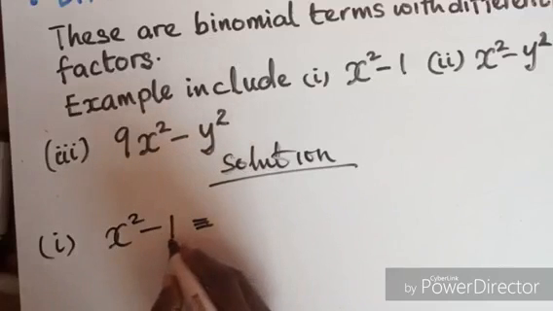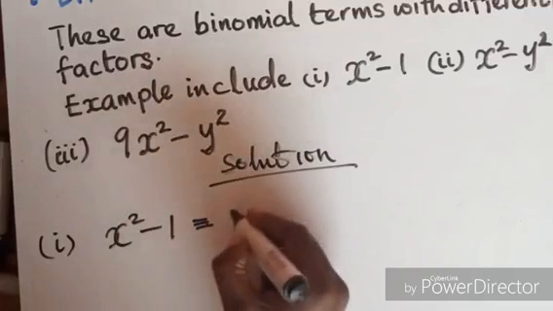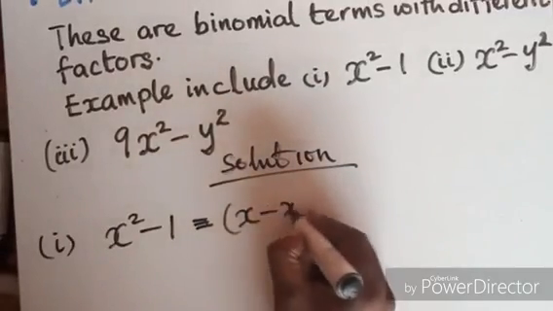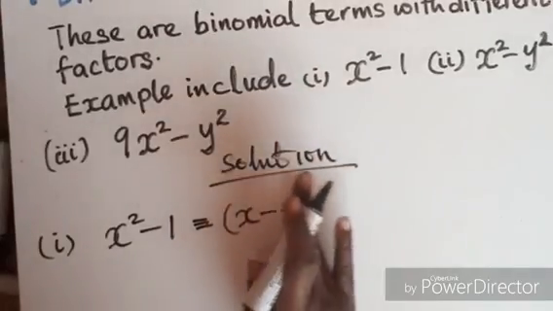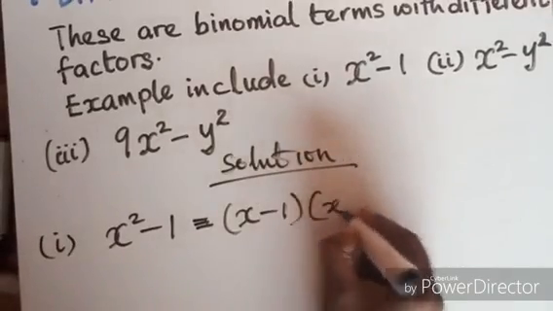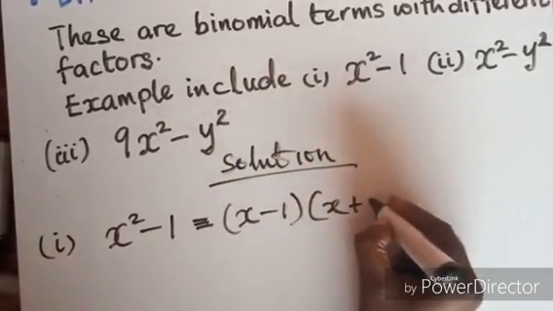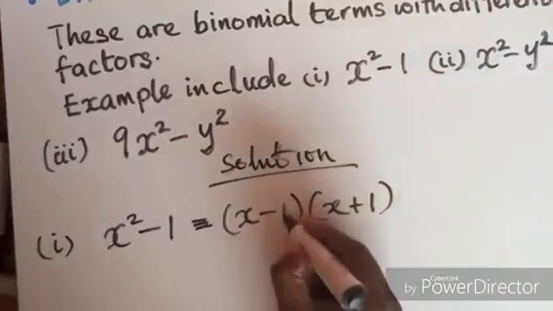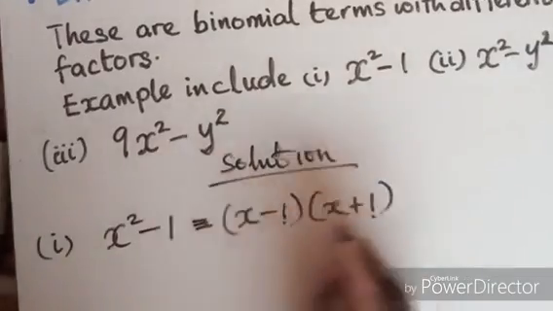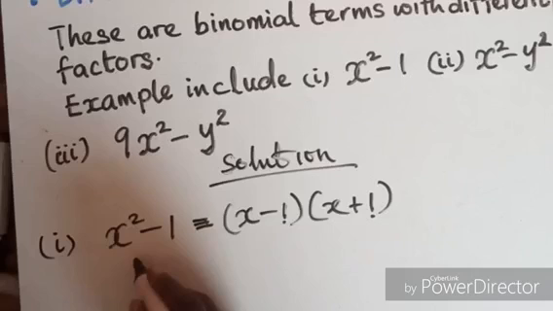So it means that the factors are not the same. So with this, I'm going to get x minus 1, x plus 1, indicating that the factors of 1 are not the same. So when you expand this, you are supposed to get this.